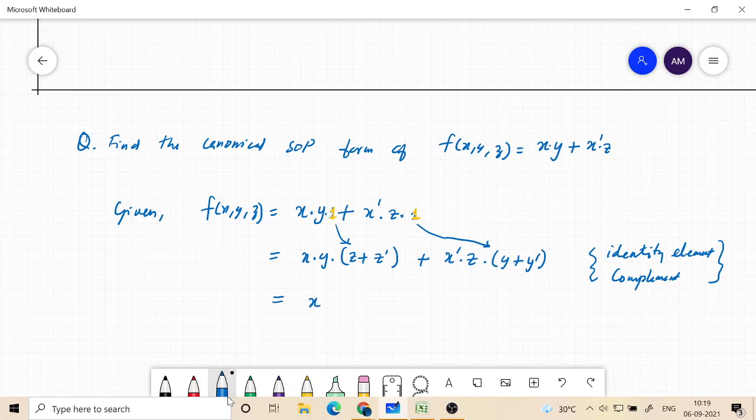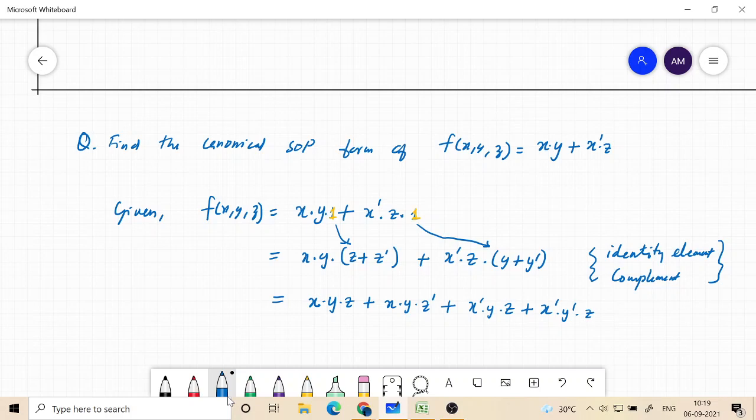Now all you need to do is x dot y dot z, then x dot y dot z dash, plus x dash dot y dot z, plus x dash dot y dash dot z.